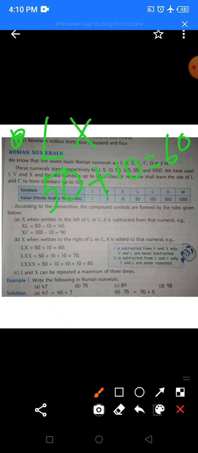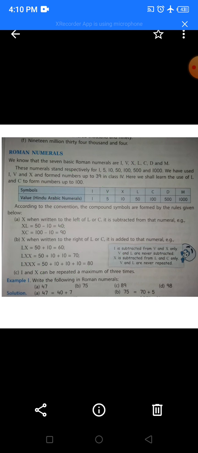Similarly, if I want to write 70, what will I do? 50, that is L, and then I will write 2 times 10. 50 plus 10 plus 10 will give me 70. Now children, if I have to write 80, what will I do?